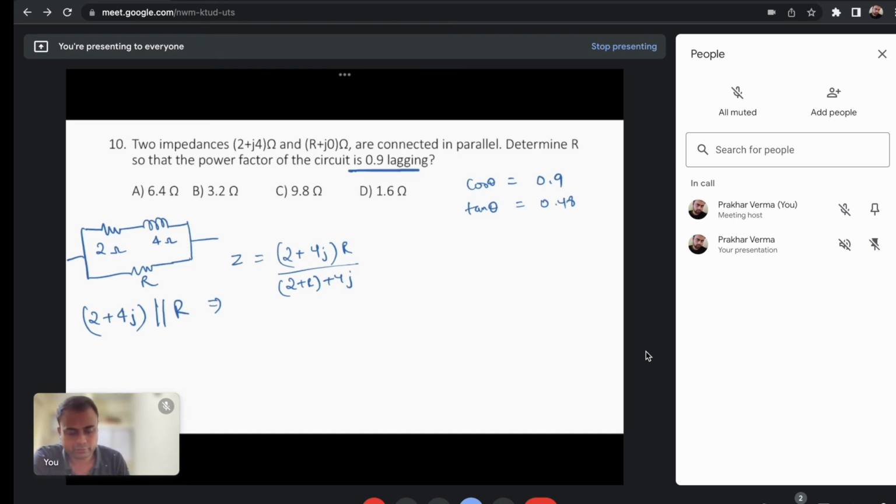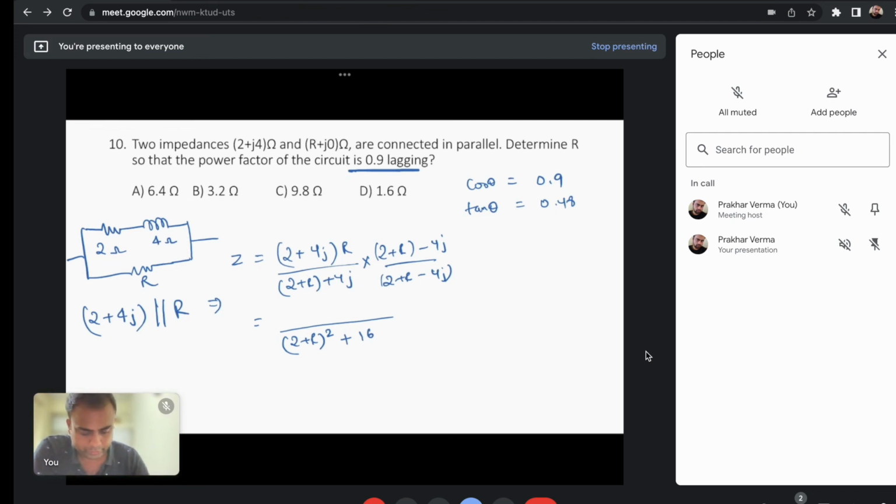Now we have to rationalize this because in the denominator we have an imaginary part, so again multiplying by the conjugate, 2 plus R minus 4j by 2 plus R minus 4j. In the denominator we have 2 plus R whole square minus 4j whole square, so j square is minus 1, so plus 16, it is 16.